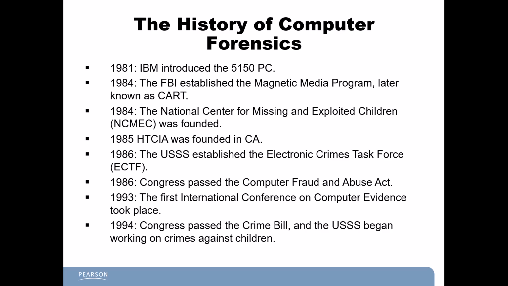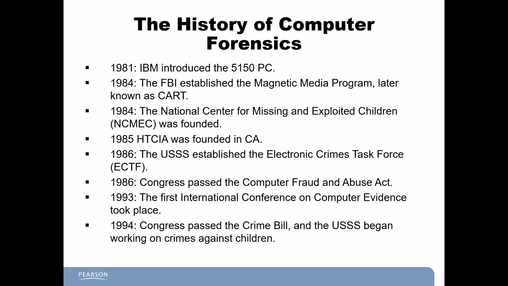Then the HTCIA was founded as part of California. Then we had the Electronic Crime Task Force, ECTF, that's a big one. Then we had the first pass of a congressional law dealing with the Computer Fraud and Abuse Act. Then there was an international conference for computer evidence that took place early in the 90s.